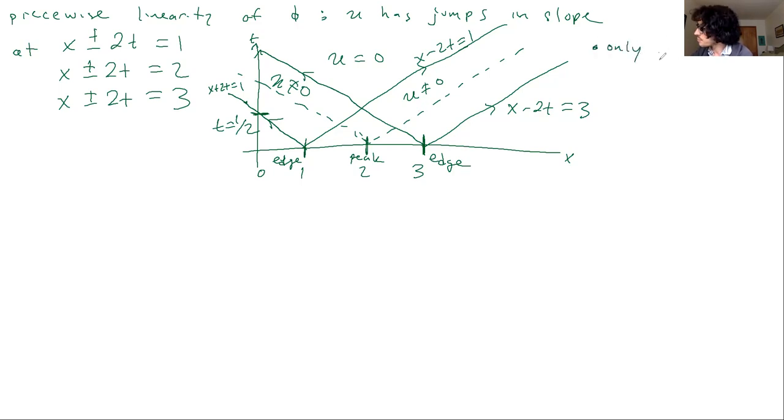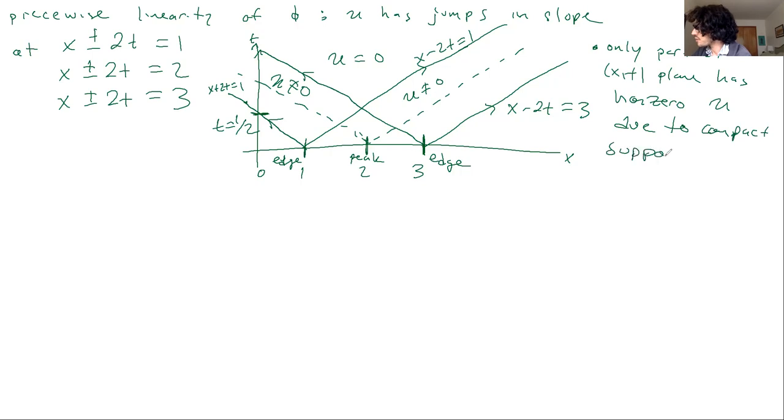So only part of the xt plane has non-zero u, okay, due to the compact support of phi of x, right?